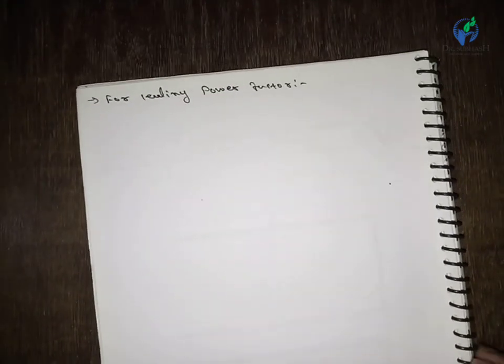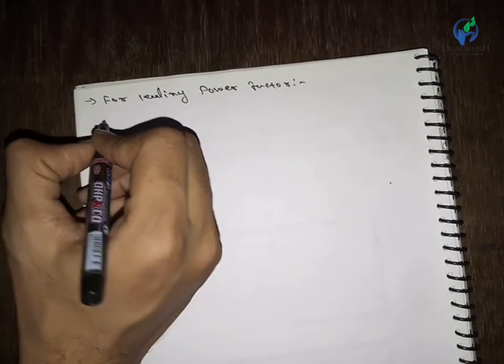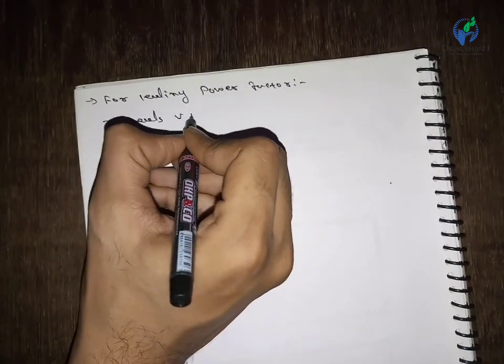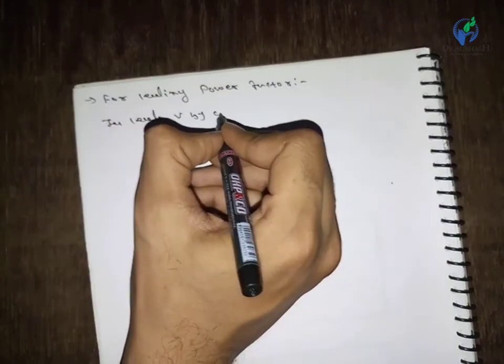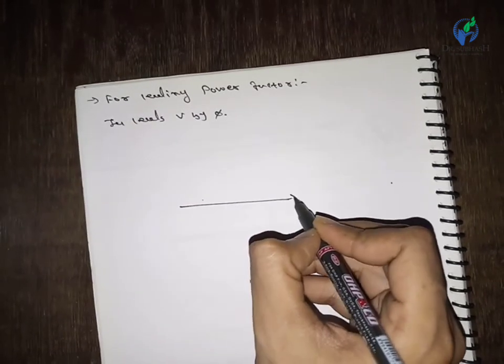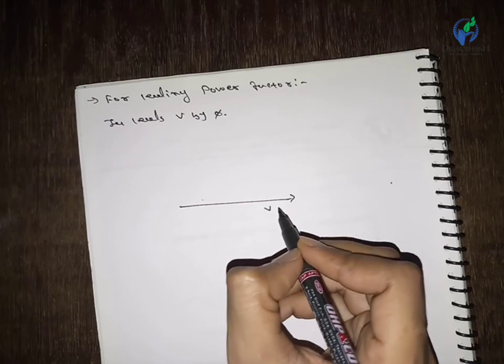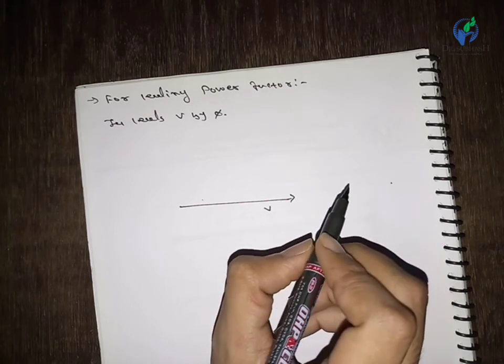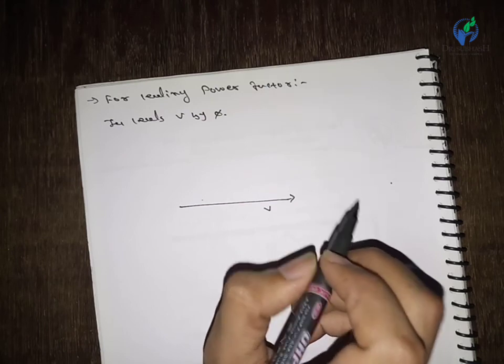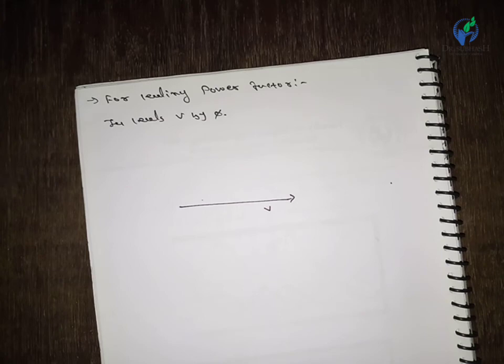For a leading power factor, we know that the armature current Ia leads V by a phi angle. So when we draw the phasor diagram, there is a voltage line V. It is observed from the above diagrams that for unity and lagging power factor loads, the terminal voltage of the alternator reduces with the load.